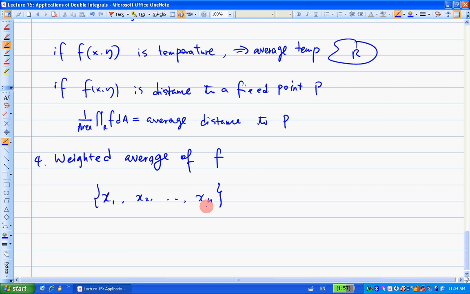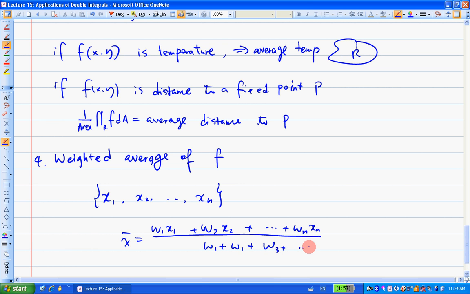So when you try to calculate the average of this quantity, x bar, what you do is you multiply a weight with each data, then you divide it by the total weight. That's the so-called weighted average.